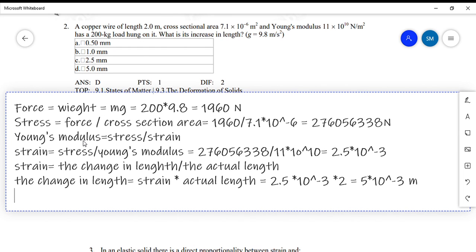So the change in length is equal to 5 times 10 power negative 3 times 10 power 3 millimeter. So the result will be 5 millimeter. So the answer is D.